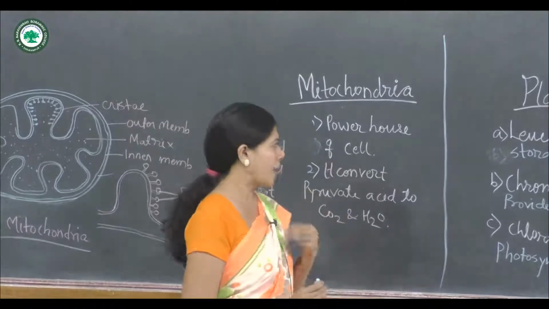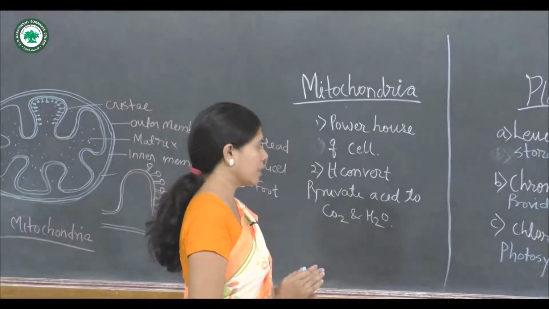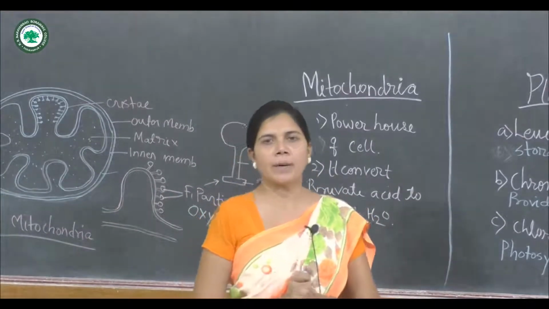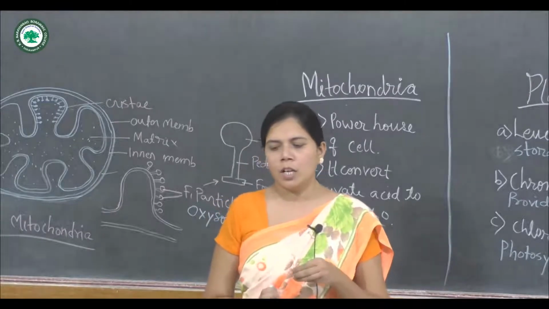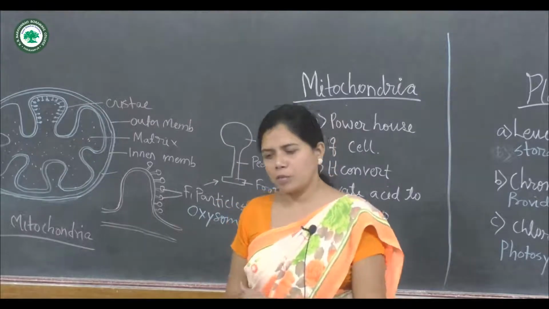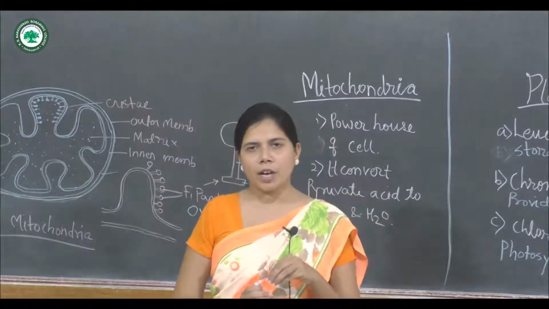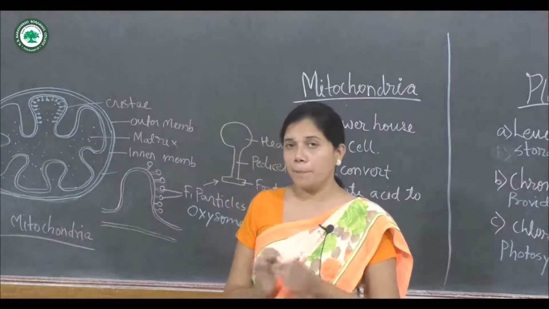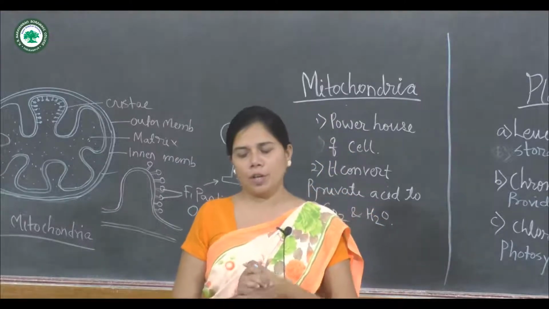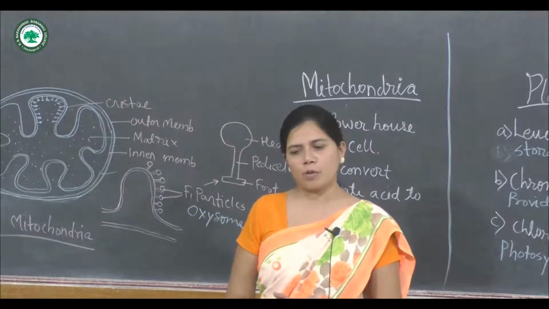Again, the mitochondria has another function: it converts pyruvic acid into carbon dioxide and water during aerobic respiration. It produces ATP molecules during cellular respiration. That's why it is known as the powerhouse of the cell.